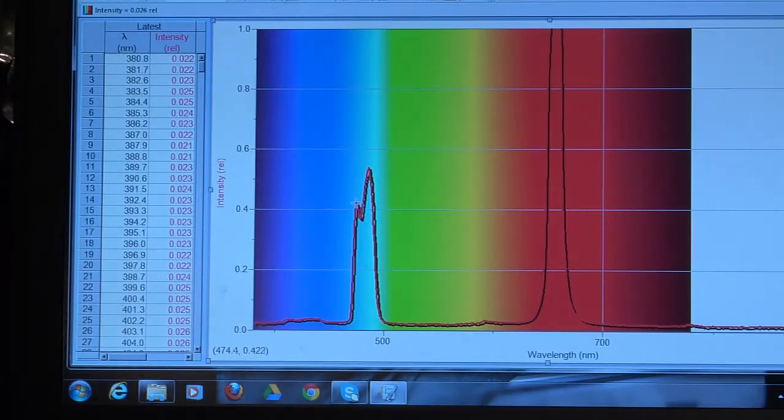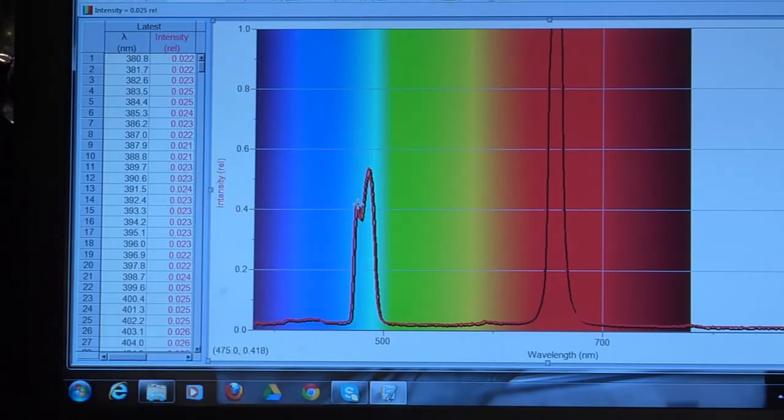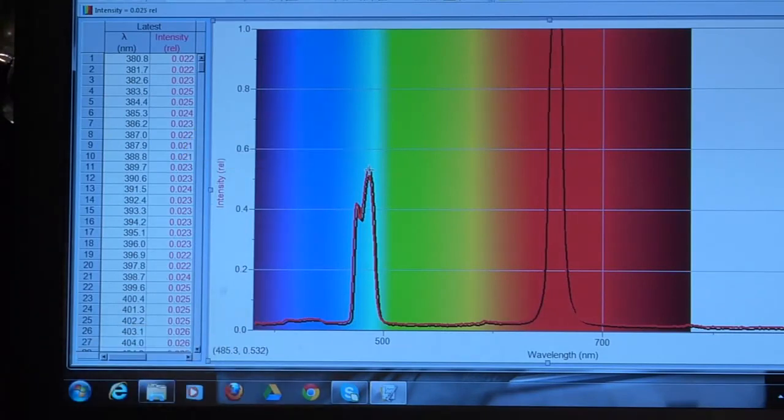If we move our cursor right to this first peak, you can see that it's approximately at 475 nanometers. If we move to the second peak right here, you can see that it is 485 nanometers. So that's the wavelength.